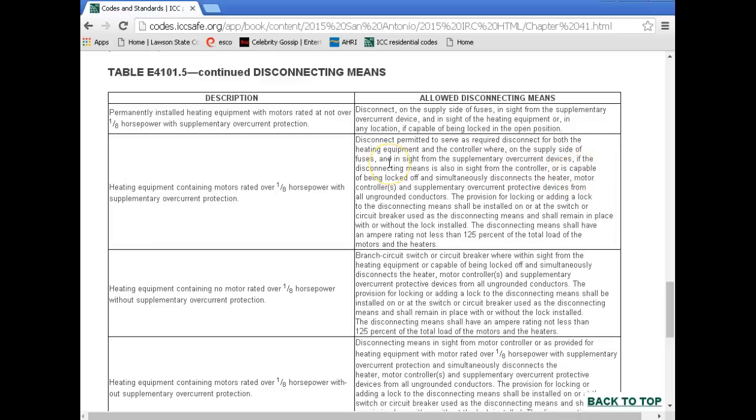It says in sight. Do y'all see that? They're not saying feet, not saying the old 6 feet like they used to. On the supply side fuses, an in sight from the supplementary overcurrent device. Okay.